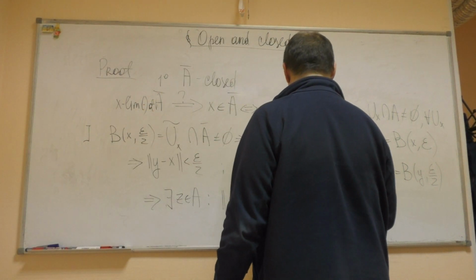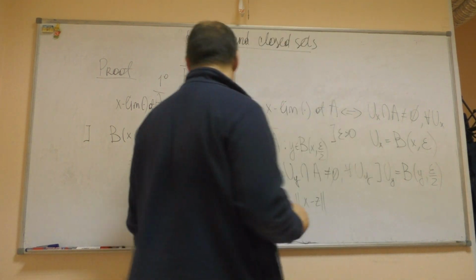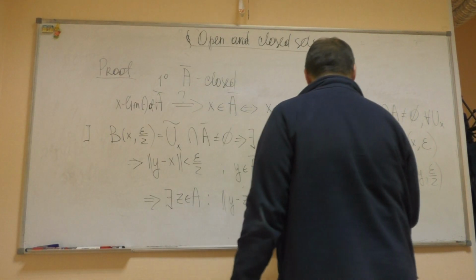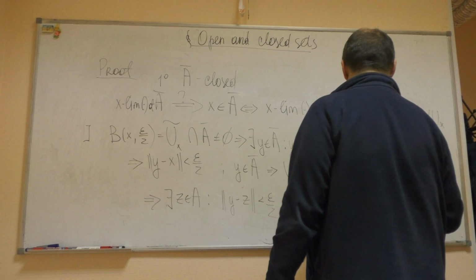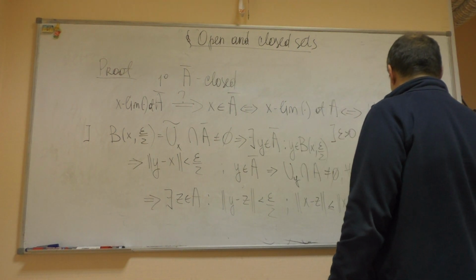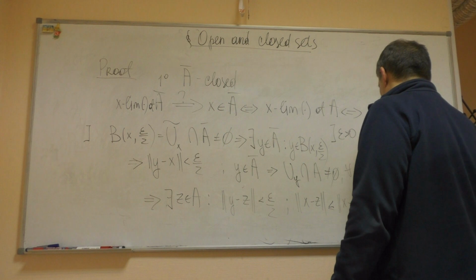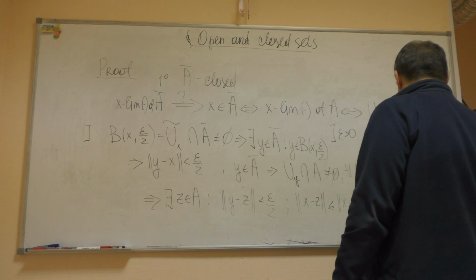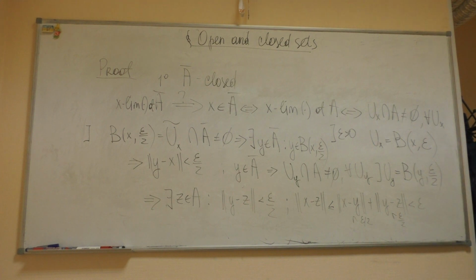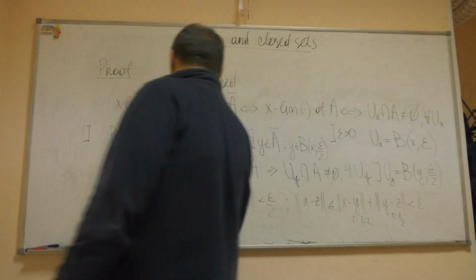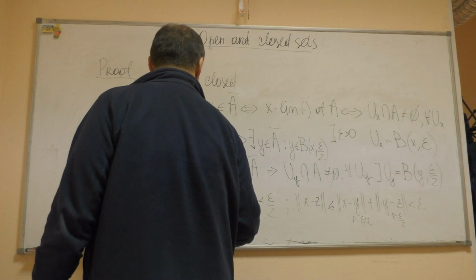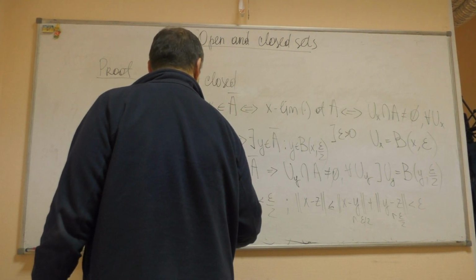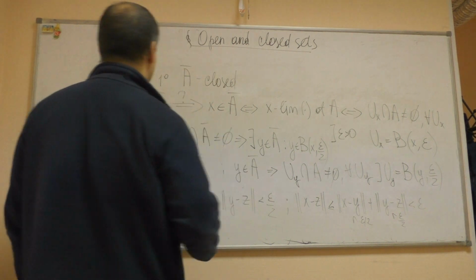Now we can estimate the distance between x and z using the triangle inequality, and obtain that it is smaller than epsilon. So z belongs to the ball with center x and radius epsilon.